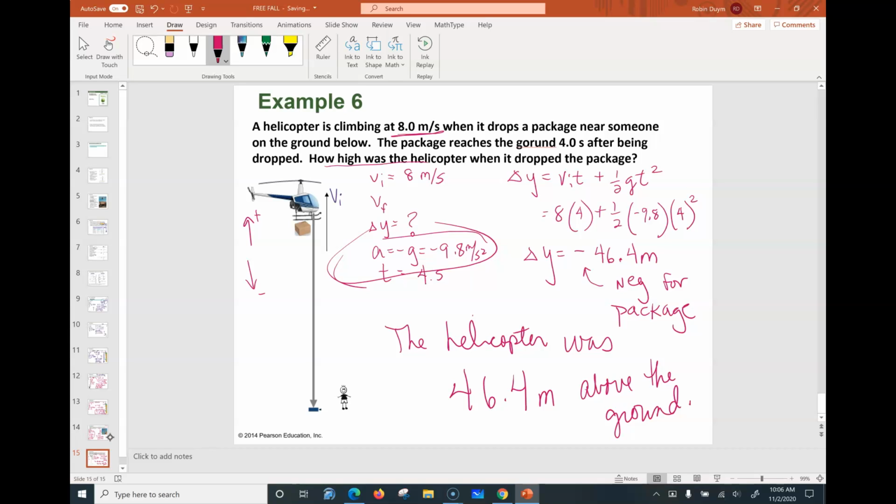Keep your vectors straight. Remember, displacement, velocity, they both have direction. So if something's moving up, the velocity is positive. If it's moving down, the velocity is negative. If it moves to a higher point, then delta y is positive. If it is now below where it started, then delta y is negative. Keep all of those things straight. The more organized you are, the easier time you're going to have.